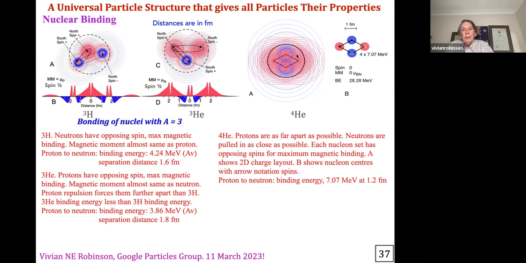Going to 4He, the alpha particle. The protons, as it shows all the fields imposed upon each other, the protons will try and get as far away from each other as possible, and the neutrons will be drawn in as much as possible. What you will have is that the spins of the equivalent, proton will have one proton spin up, the other one spin down, one neutron spin up, one neutron spin down to get maximum magnetic binding.